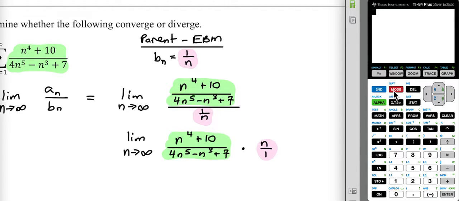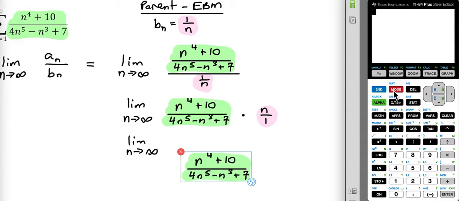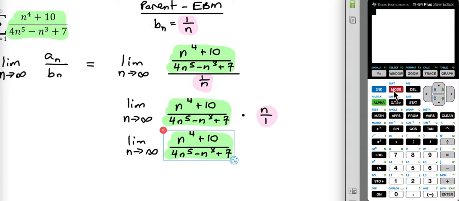All right, so in terms of what's being accomplished here, you take a close look and you realize it's actually kind of cool. We just created an instance where the numerator's high power was just increased by 1. All right, so what does that do for us? It changes the nature of the limit.